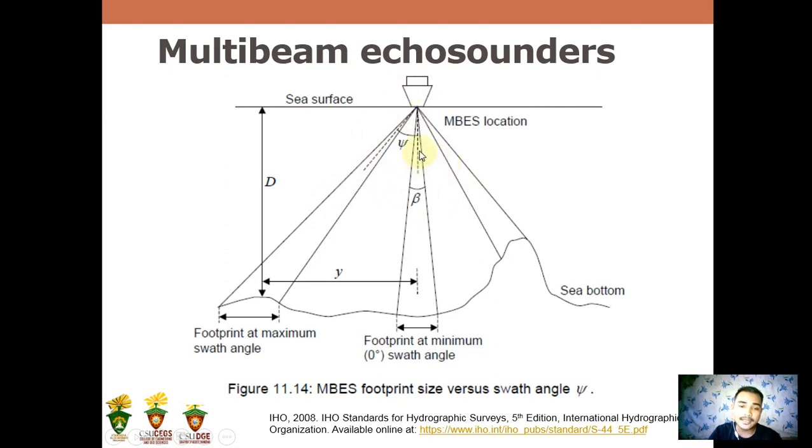From directly below to the last single beam, that's the maximum swath angle. And this is for the beam width. If your swath angle increases, your footprint increases. That is the relationship.